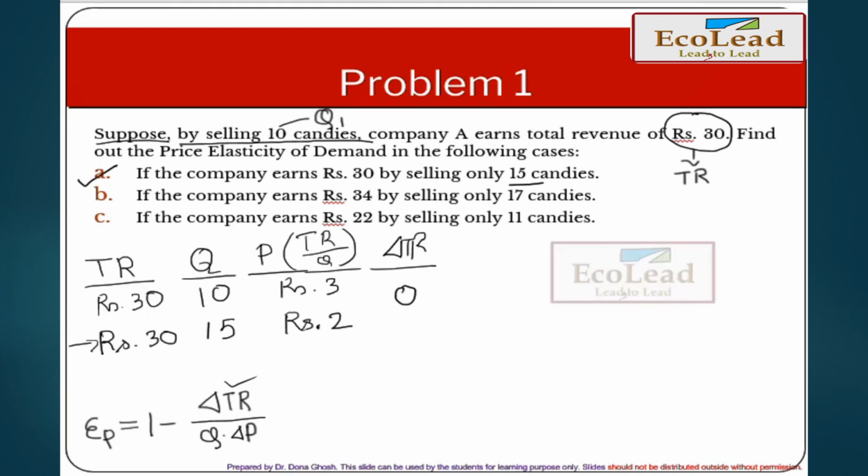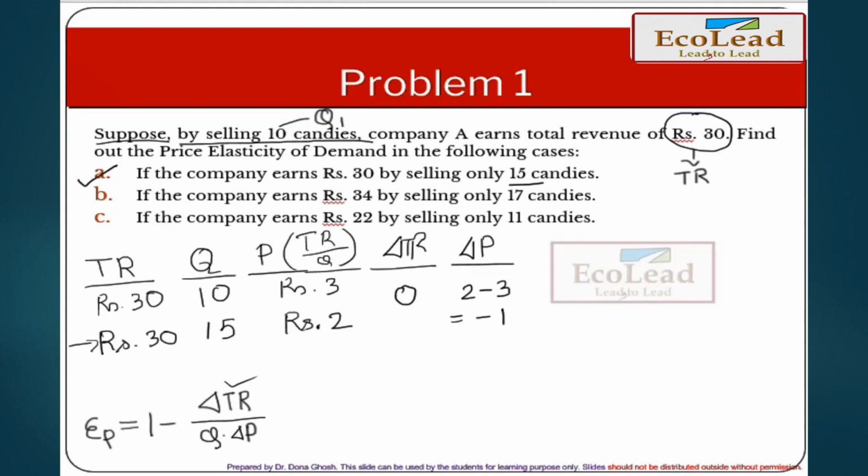Now we need to find out del P. Here del P is the change in price. Again, the final price was rupees 2 and the initial price was rupees 3. So the change in price will be minus 1.